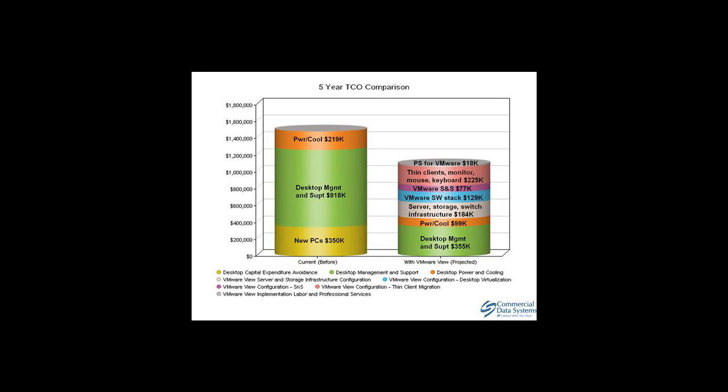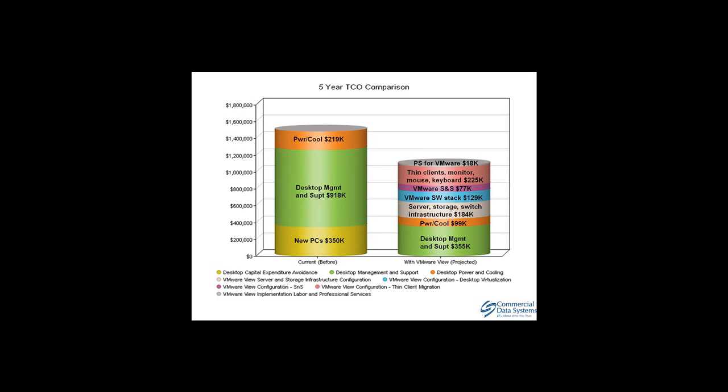In other words, a given administrator can effectively manage about 3 times as many virtual machines as he can physical machines. So the 3-to-1 reduction in terms of desktop management seems to be consistent in a number of studies. The cost of the new PCs over 5 years at $700 a piece is $350,000.